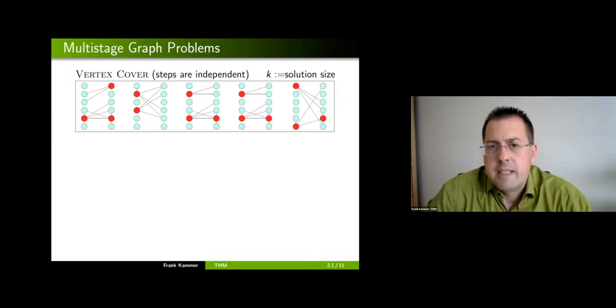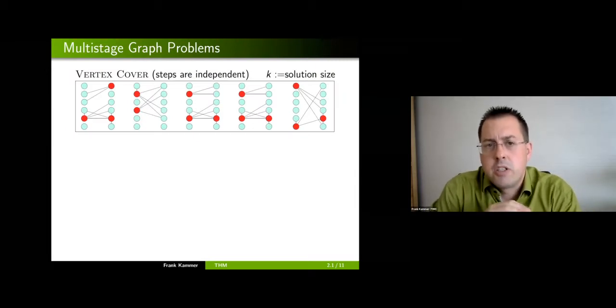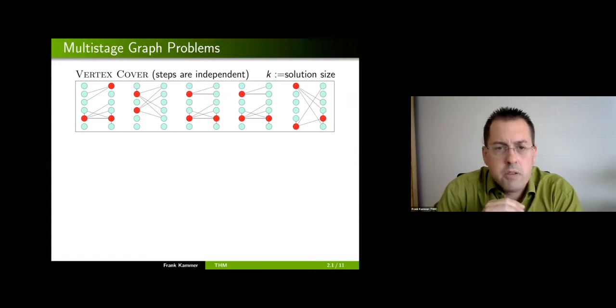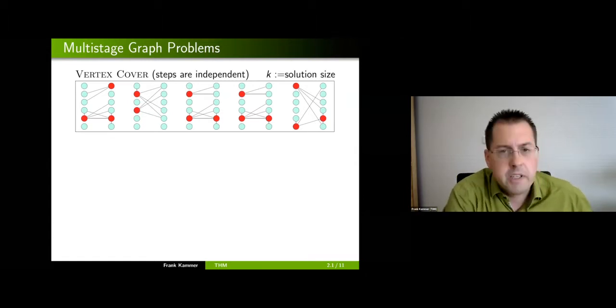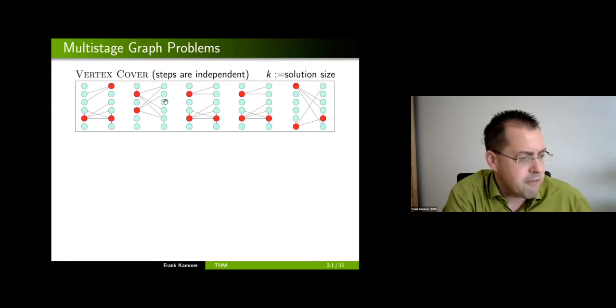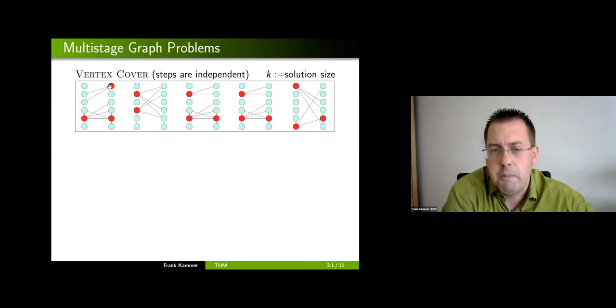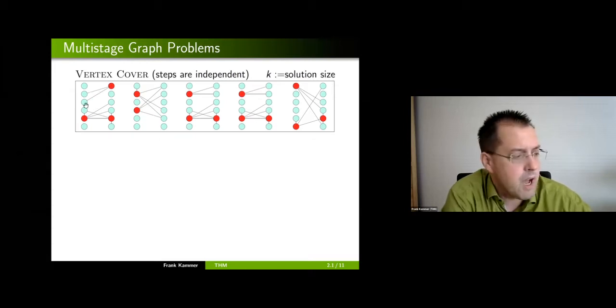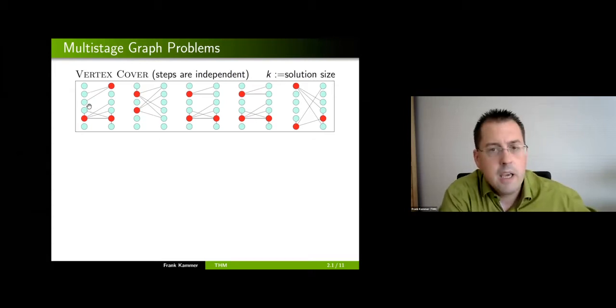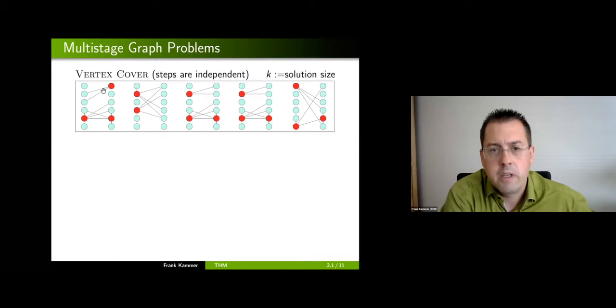What are multi-stage graph problems? To describe them, let me consider vertex cover as a running example. Here we have 5 graphs, and in each graph a vertex cover is shown by the red vertices. What is a vertex cover? This is a subset of the vertices of a given graph, such that every edge has one endpoint in the vertex cover set.